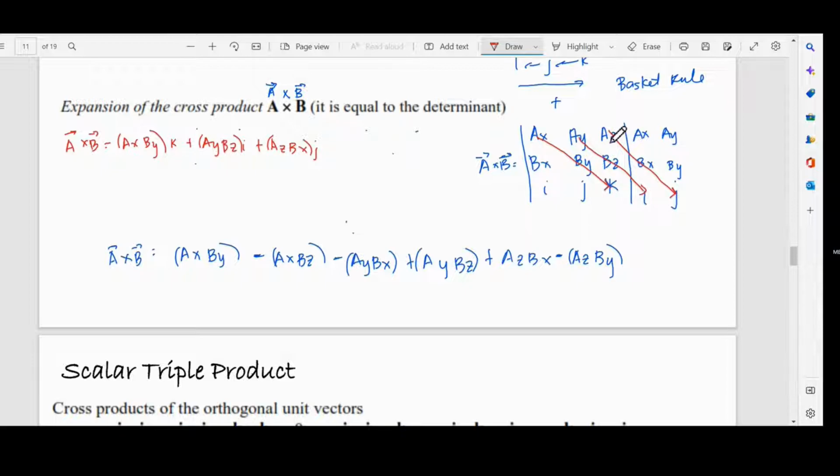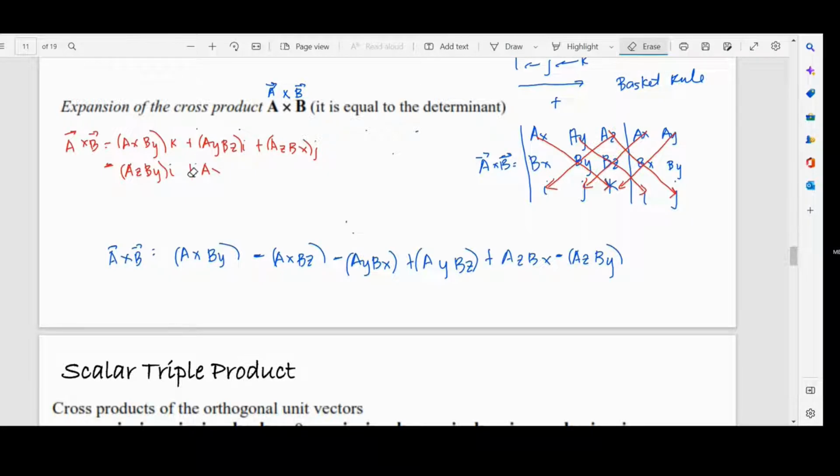Tapos, minus yung product naman, dito. Okay. Minus na, pag papunta tayo dito. We have here AZ, BY, tapos I, minus.